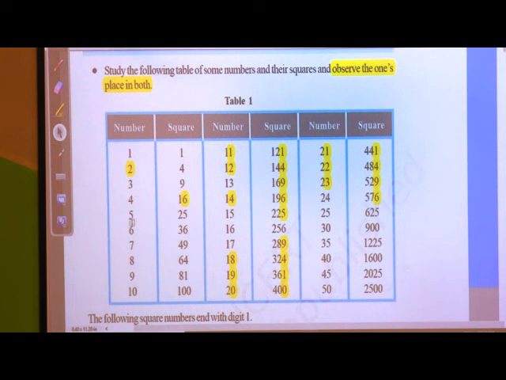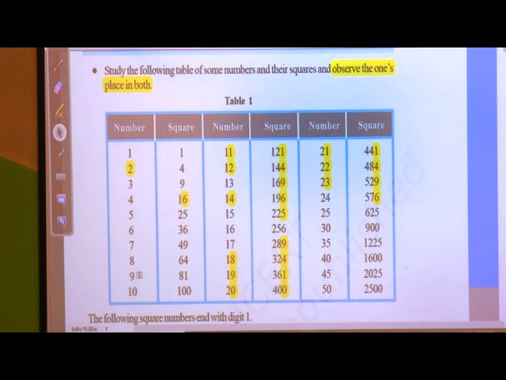If it is 5, digit in ones place will become 5 in the square number. If the digit in ones place is 6, the digit in square number's ones place is 6. If it is 7, the digit in ones place of the square number is 9.